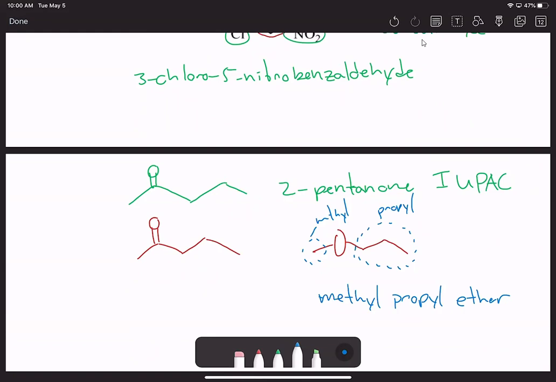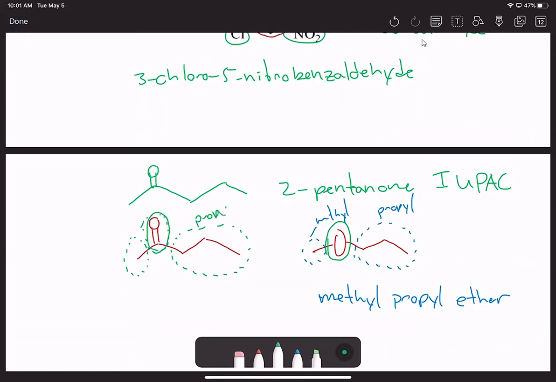There's a common way to name ketones, and we use a very similar concept to how we name our ethers. If I circle this, and I circle this, and think of this portion being itself, here's my ether. Here's my ketone.